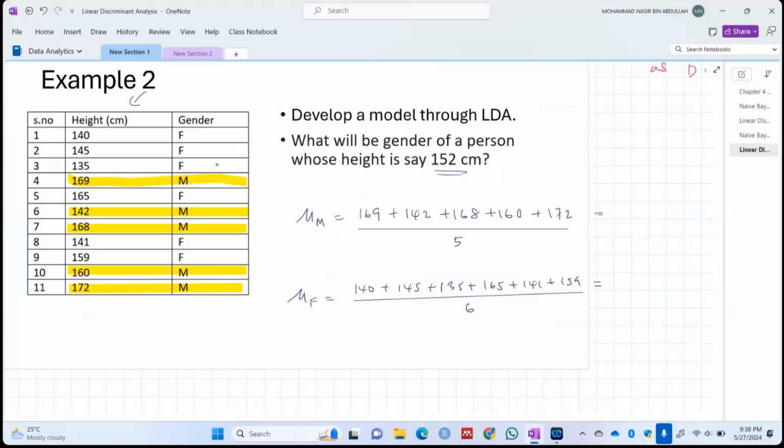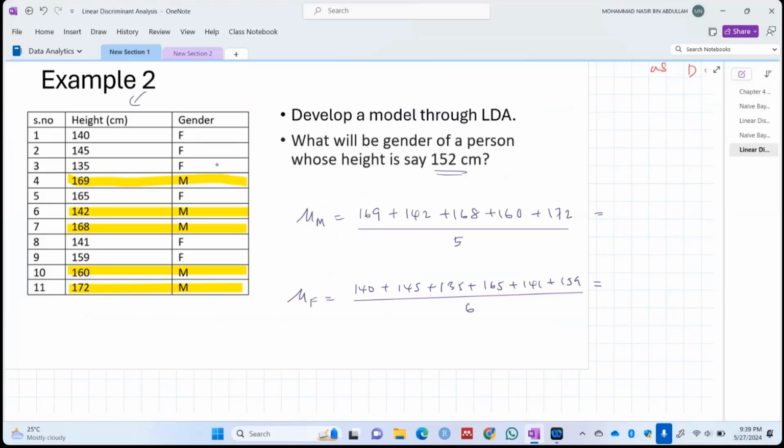Value? How much? You should have a calculator, okay? What calculator do you have?